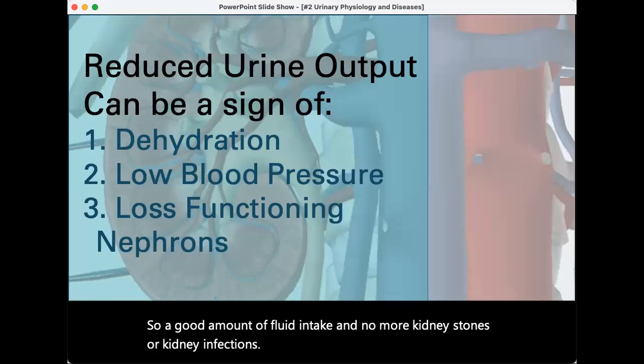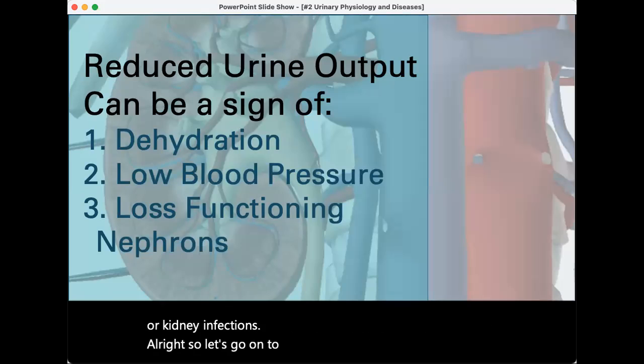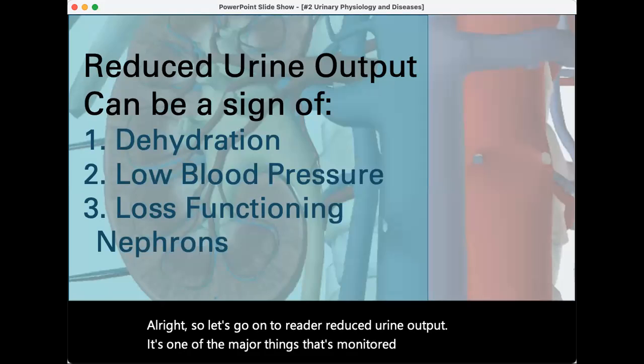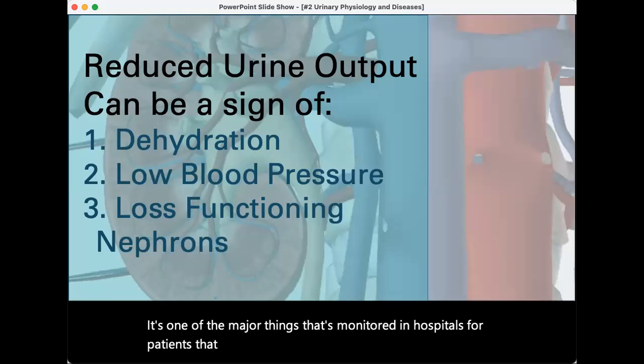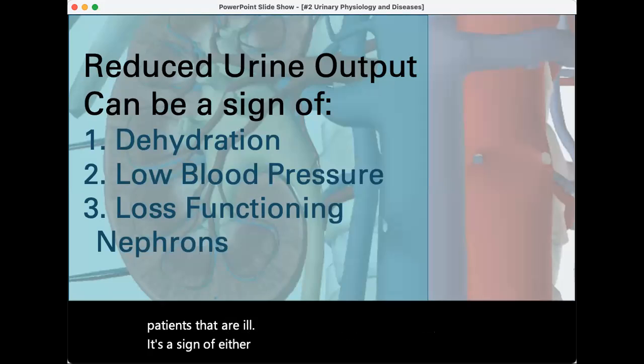All right, so let's go on to reduced urine output. It's one of the major things that's monitored in hospitals for patients that are ill. It's a sign of either dehydration, low blood pressure, or a loss of functioning nephrons.